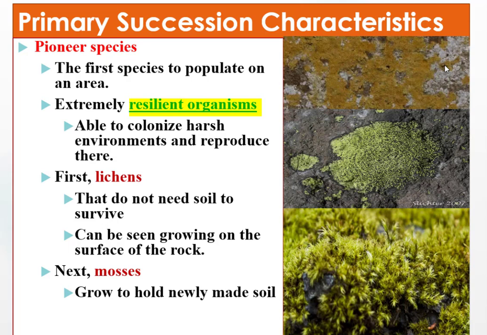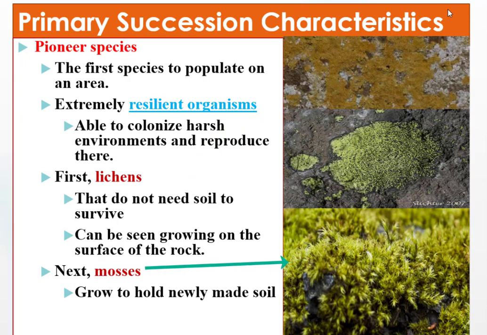The first pioneer species in primary succession are lichens. Lichens do not need soil to survive. They can be seen growing on the surfaces of rocks. The next species that colonize the area after lichens are mosses.